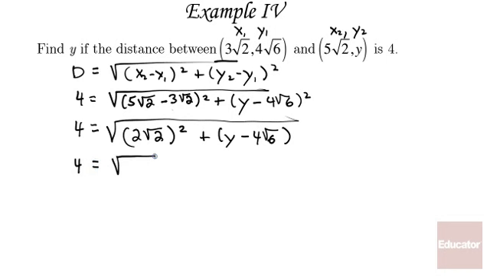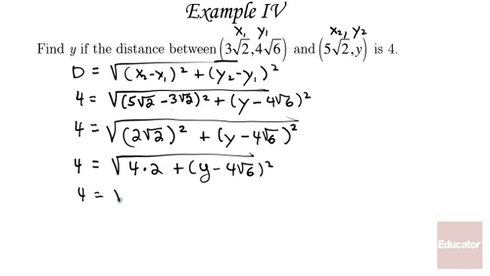So 4 equals, let's go ahead and simplify this. 2 squared is 4. Square root of 2 times the square root of 2 is 2. This is still squared.